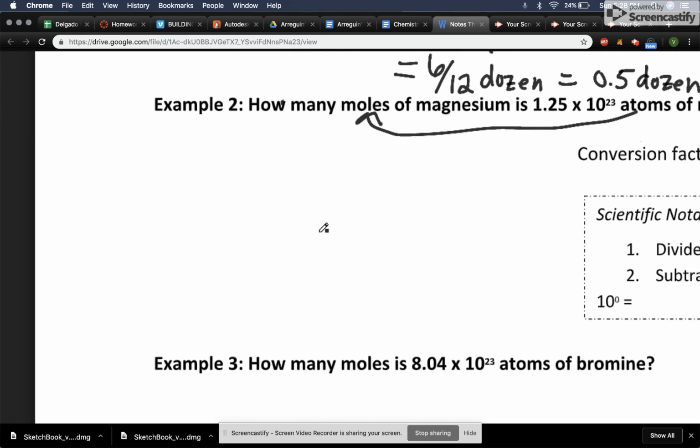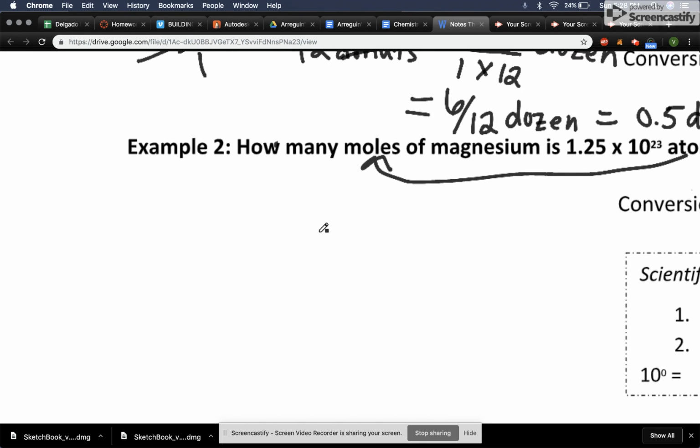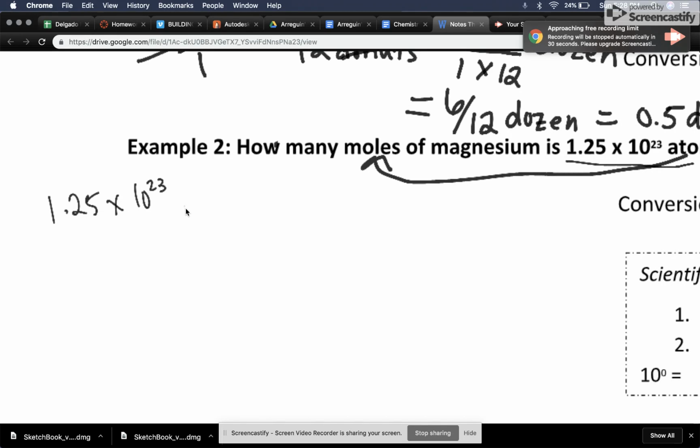Let's zoom in a little bit, there we go. So we write down what's given, and what's given is 1.25 times 10 to the 23 atoms of magnesium.